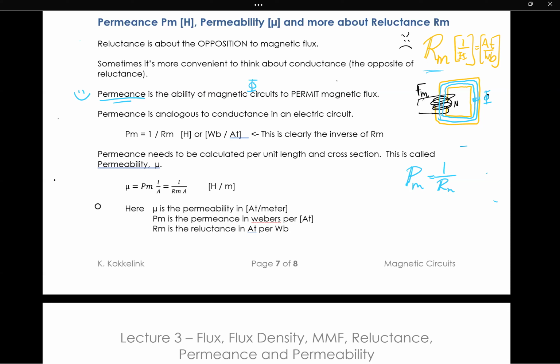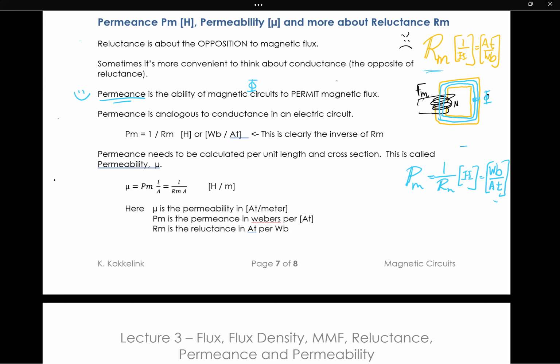It's the inverse of that reluctance. And if reluctance was 1 over Henry, then Henry is the unit for permeance, or it would just be the Webers that were induced in there over the amps that induced it.